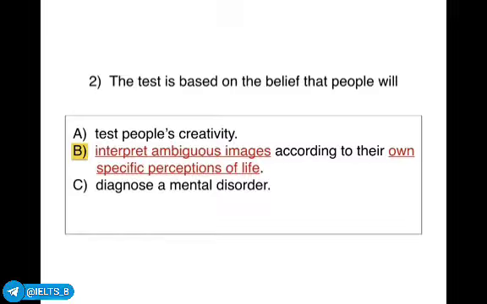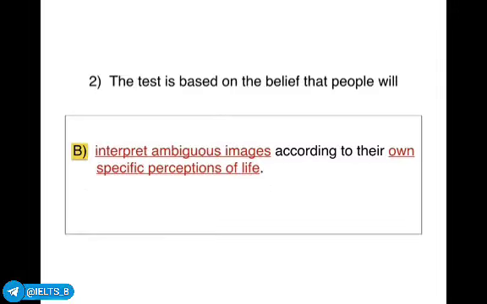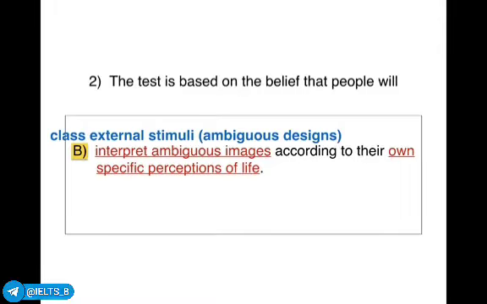Let's just match the keywords that we found then. Looking at B in more detail, interpret ambiguous images, class external stimuli. Interpreting something could be the same as classing something. The images, the external stimuli, well, ambiguous designs was mentioned earlier in the same paragraph, so that's what the external stimuli are.